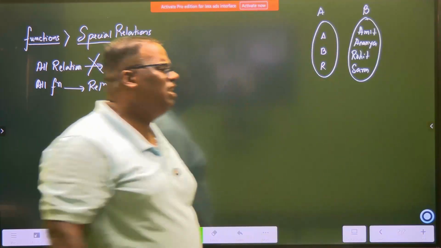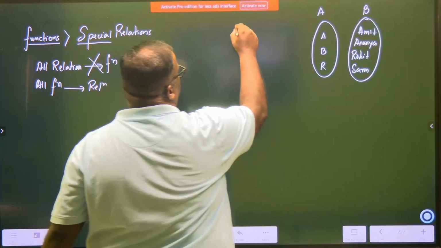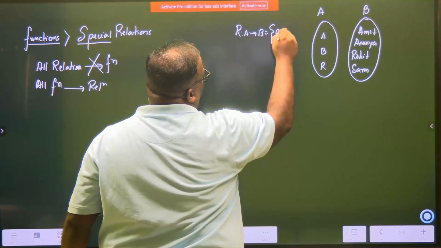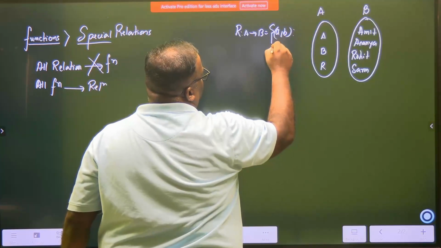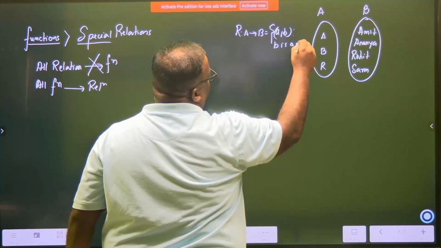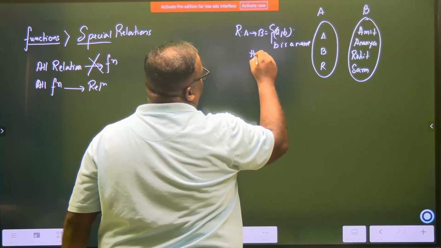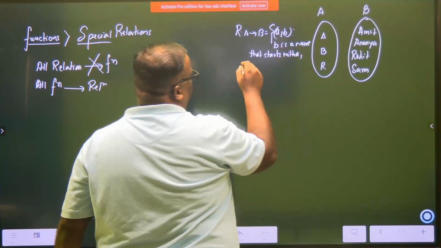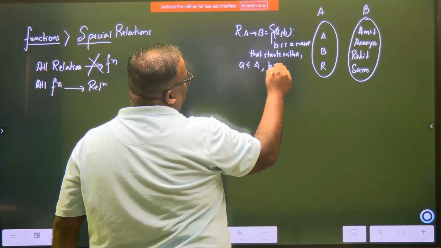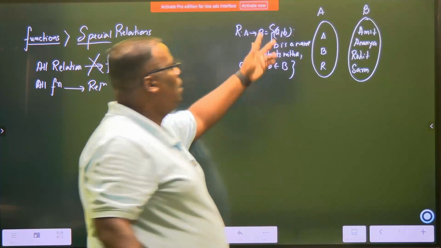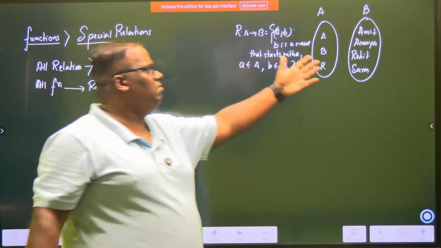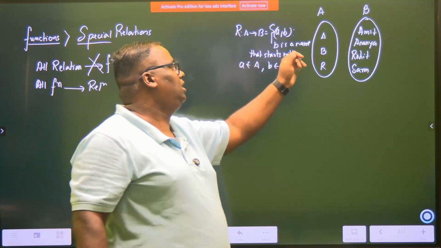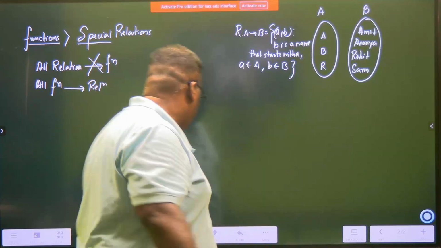Now we define a relation. We say R is a relation which maps from set A to B, and it gives me ordered pairs (a, b), such that b is a name that starts with a, where a belongs to the set A and b belongs to the set B. Hunt ordered pairs where b is a name that starts with the letters that are there in A. So what type of mapping can I see here?